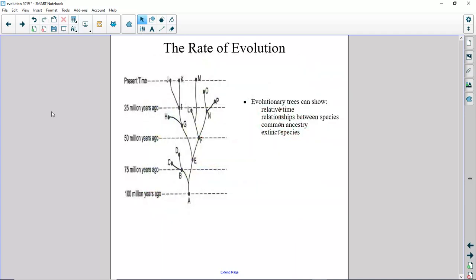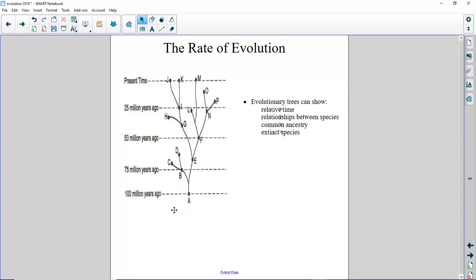In the end, rate of evolution, almost done here. Rate of evolution can be spoken of. Notice as you read this diagram, any letter that did not reach the present time is extinct, which is almost every letter. Here, the dot is listed as the B. You've got A, B, E, F, N, I, even G, all common ancestors. So you want to be able to read this diagram. Common ancestor is an important word.